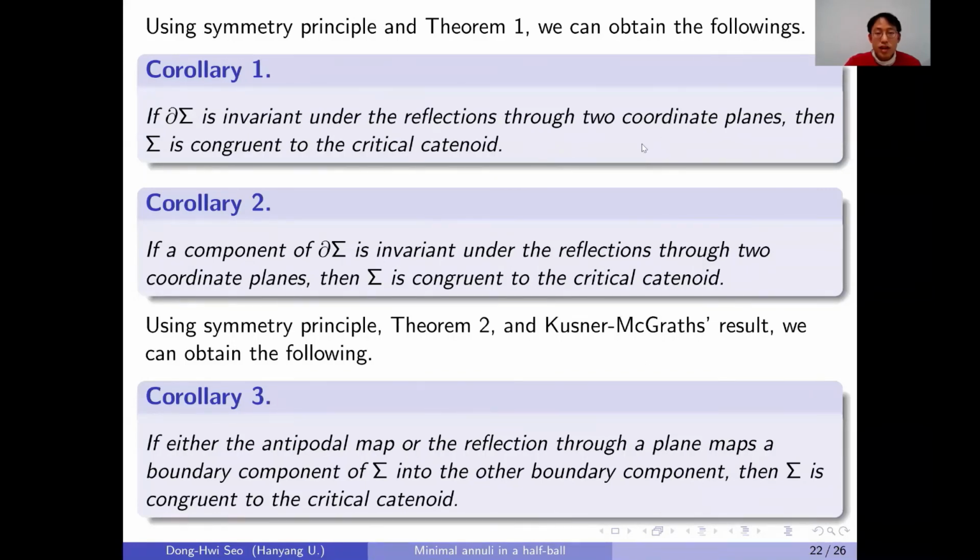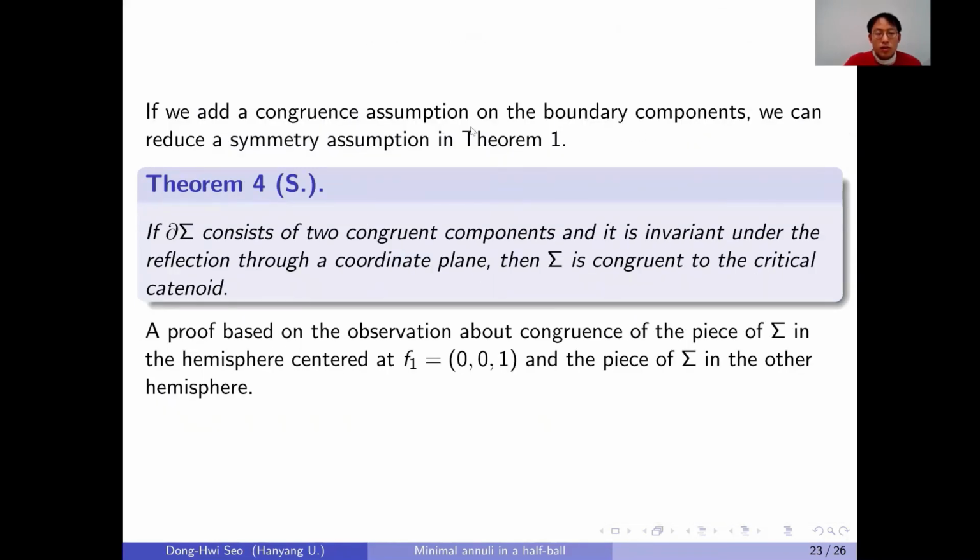Actually, here we have two reflection coordinate planes in Corollary 1, but we can reduce one coordinate plane if you assume a congruence assumption on the boundary components.